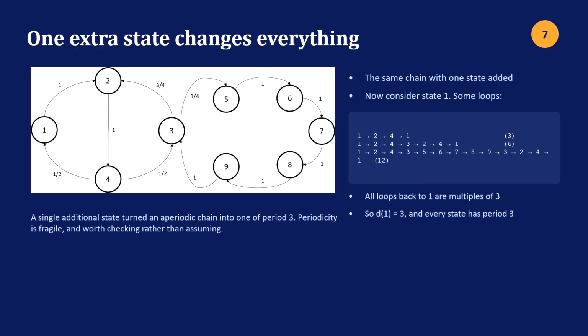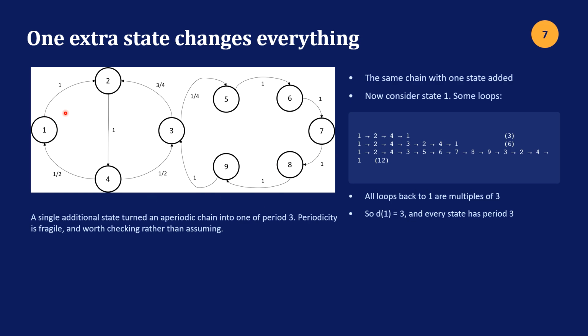If we add one more state, this state number 7 here, to the Markov chain from the previous slide, we actually get a periodic Markov chain. So let's have a look at that. Now we can consider any of the states, but let's look at 1. So we can go from 1 to 2 to 4 to 1. That's this first one here, that's 3.